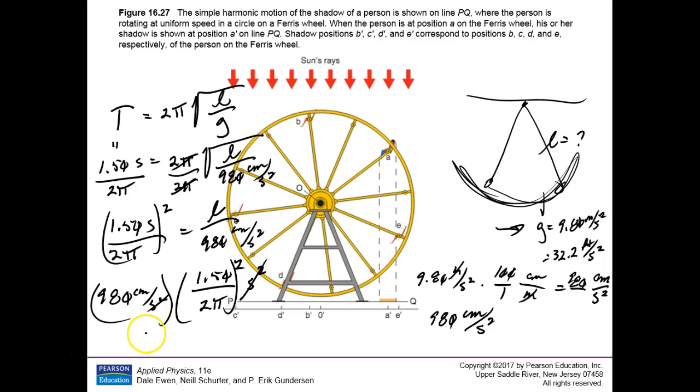Anyone got it yet? 1.5 squared is 2.25 times 980. That's going to be something less than 220 divided by 4, which is going to be less than whatever.